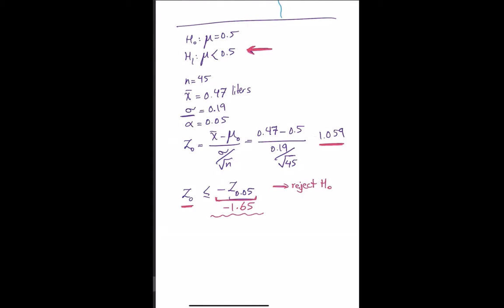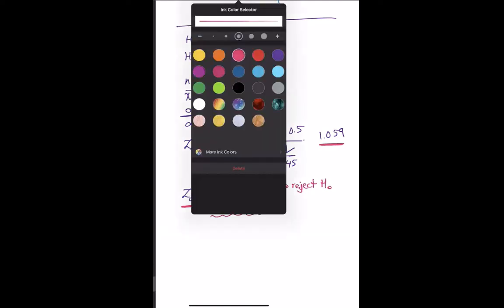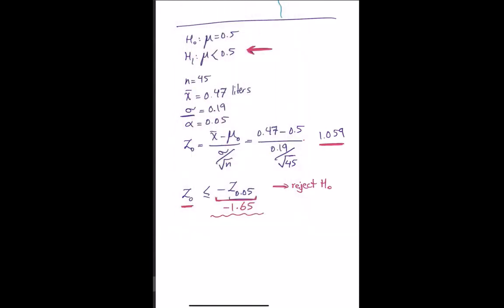And here, let me correct this. This is, guys, let me correct here. So this is 0.47 minus 0.5 in the numerator. So this is minus. So for the test statistic, guys, for Z naught, make sure to correct this. This is minus 1.059.